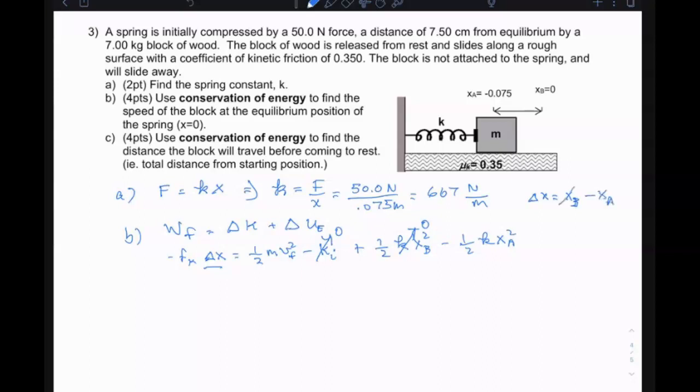And xb is 0. And minus xa is minus 0.075 meters. So it's equal to plus 0.075 meters.